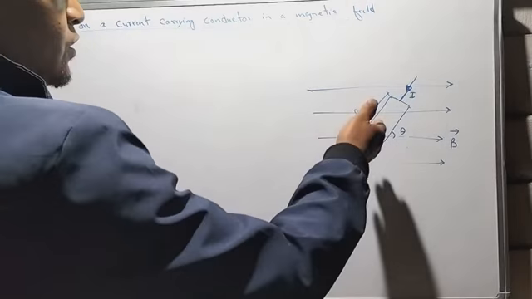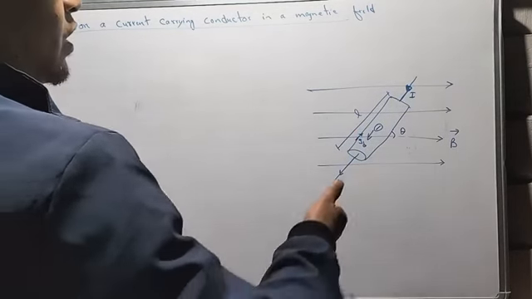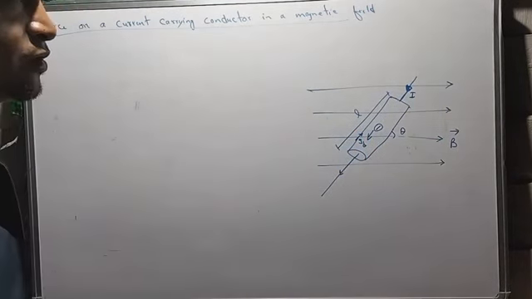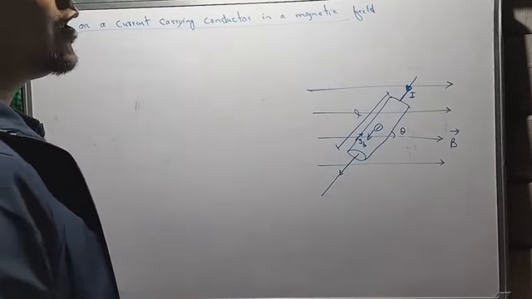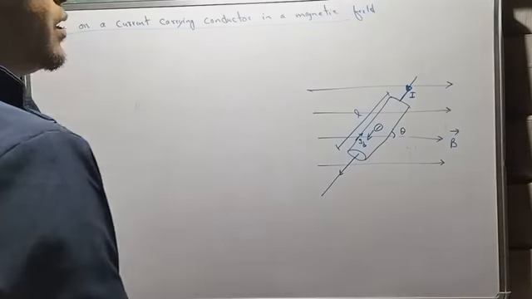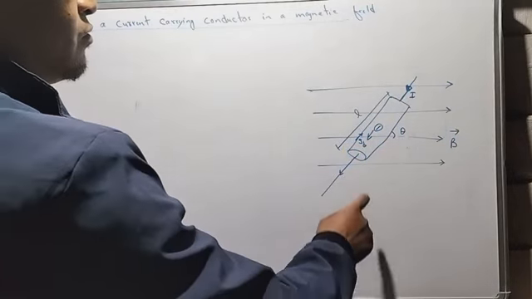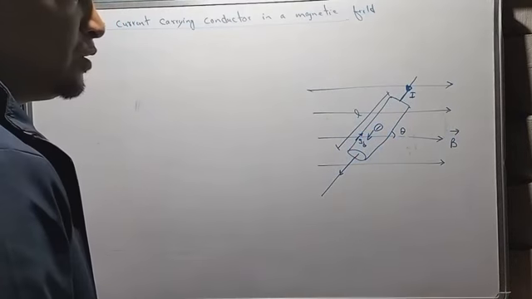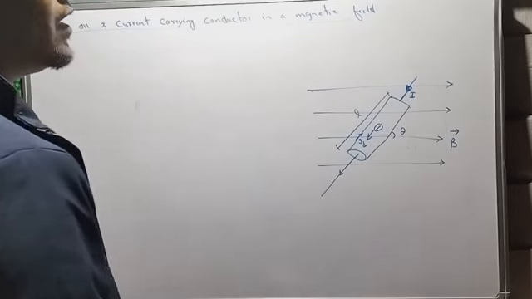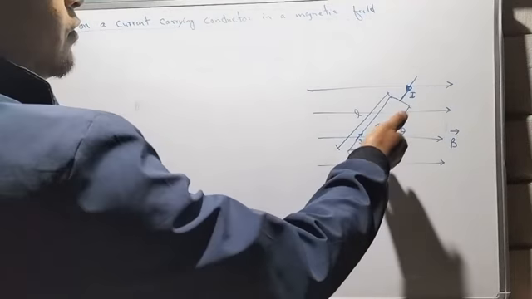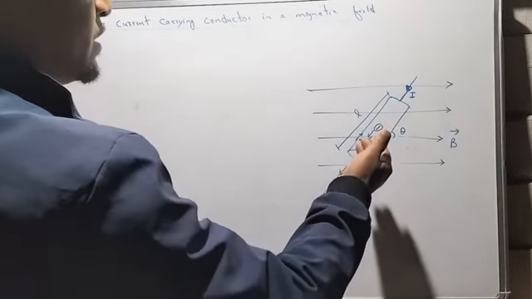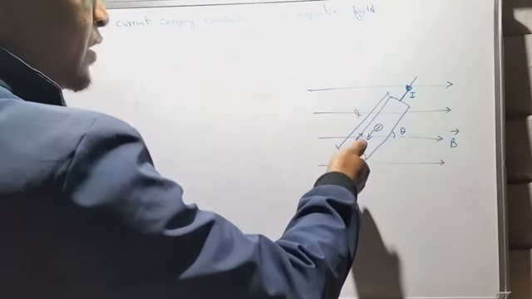As you know, when a current is passing through a conductor, the free electrons in the conductor are moving. Since these free electrons are constrained inside the conductor, all the free electrons present inside the conductor are moving.